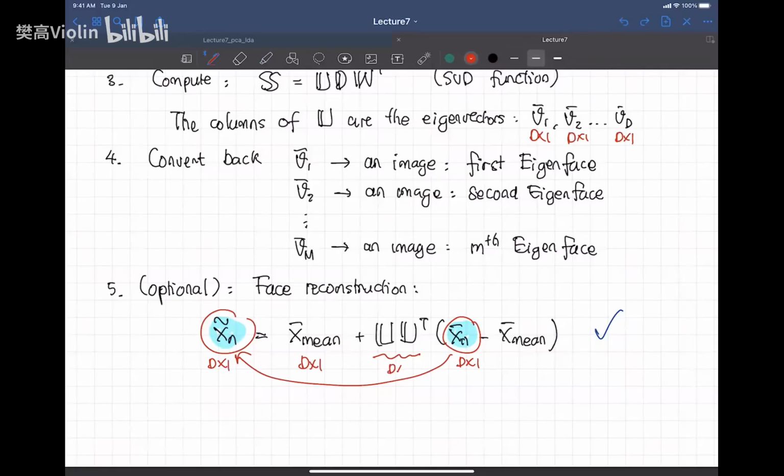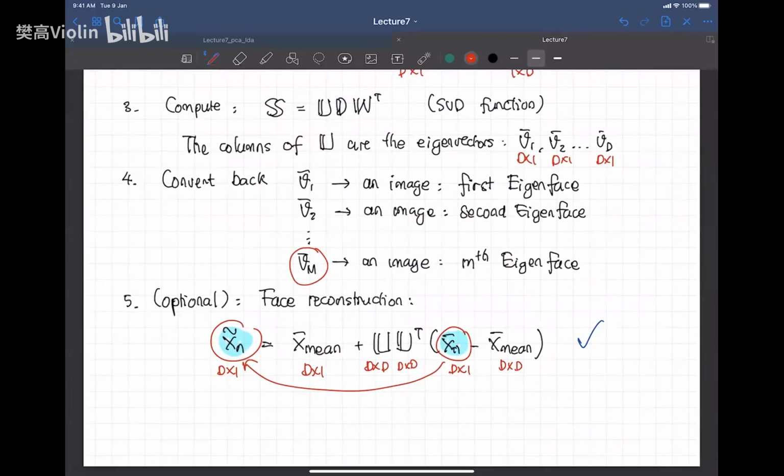What I mean is that here we use all the eigenvectors and all the eigenvalues, so there is no advantage here. I mean, there's no dimensionality reduction here. So now the question is, if you want to do dimensionality reduction, what can we do? If you use only V up to m, what is the advantage? How can we do that? So that's the question of dimensionality reduction.